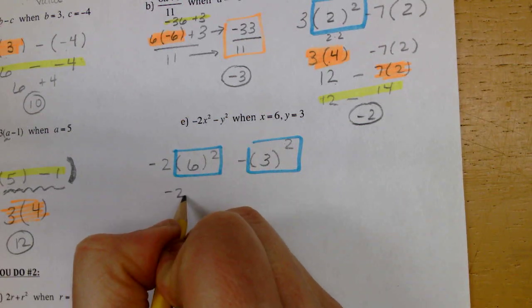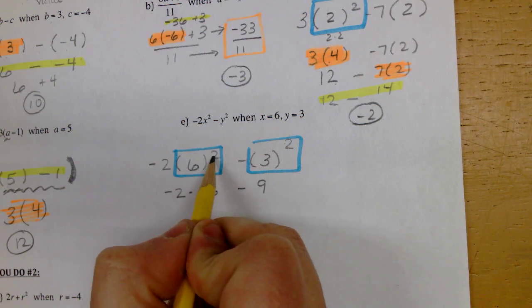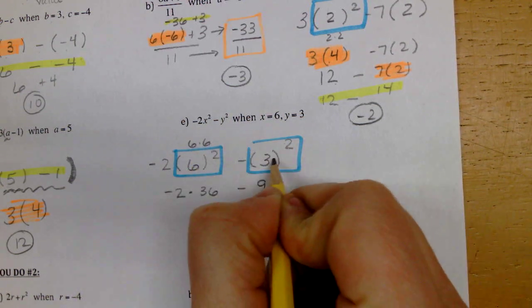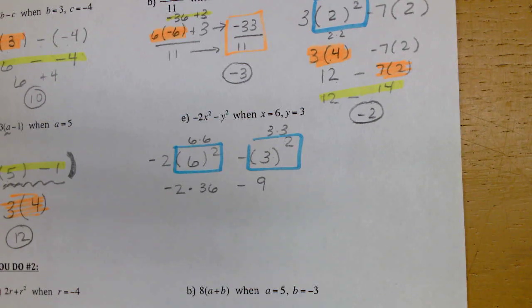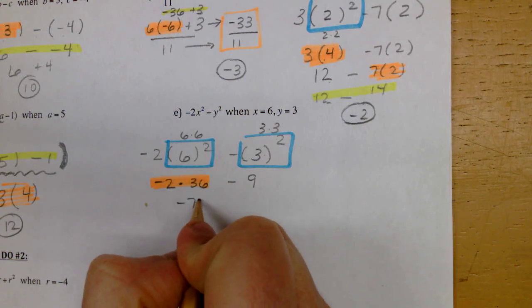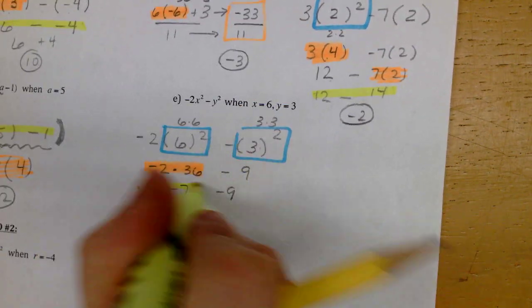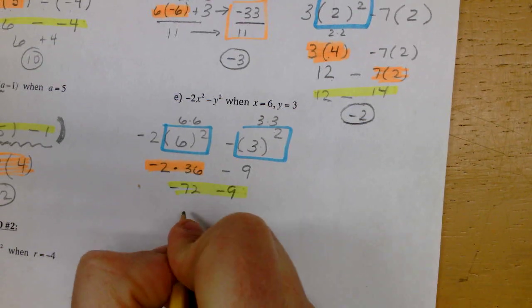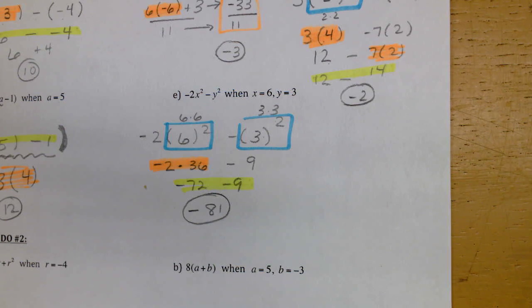So in one fell swoop, 6 squared is 6 times 6. 3 squared is 3 times 3. Now I can do my multiplication. -72 minus 9. And then I can subtract to get -81. On to the next section.